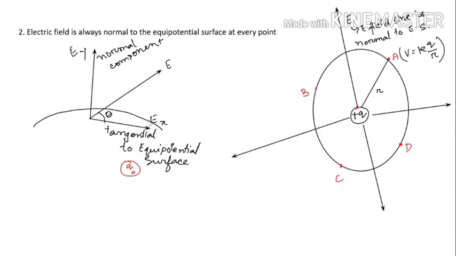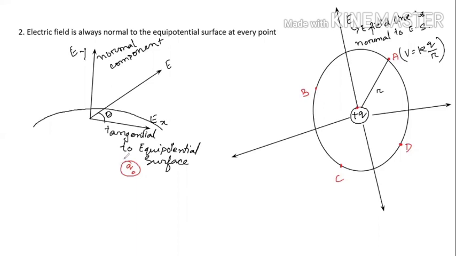Now, we had stated in the first property that when a test charge is moving over any equipotential surface, we don't find a work done value. Why? Because the potential difference between any two points is 0. That's why the work done value is also 0. In simple terms, no work is done by any charge moving from one point to another. But this case contradicts our first property.